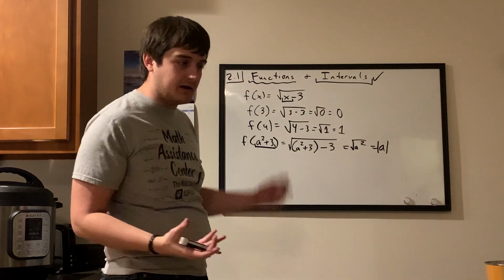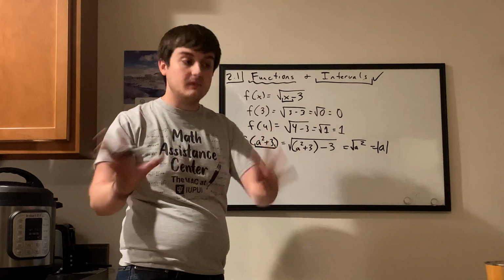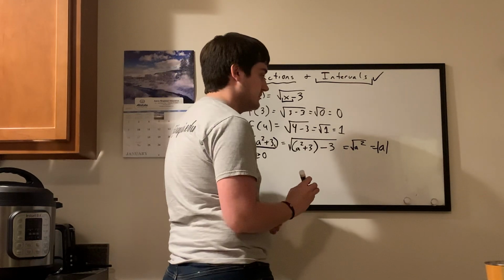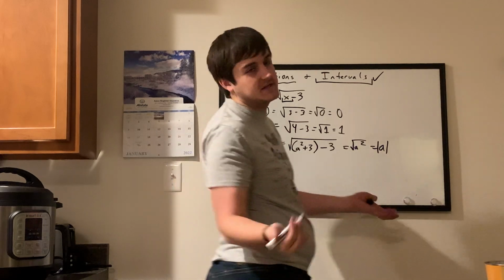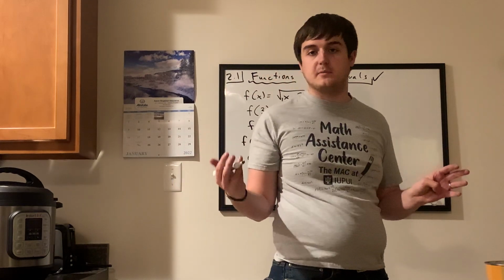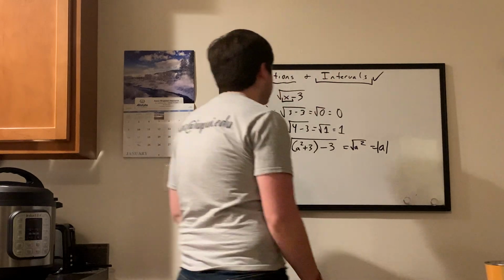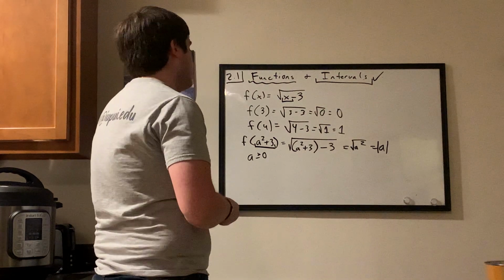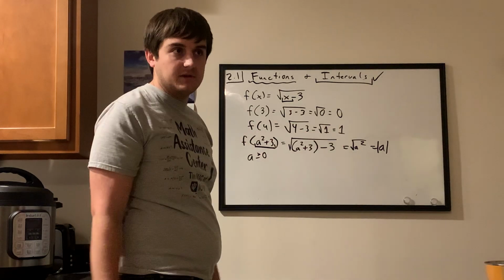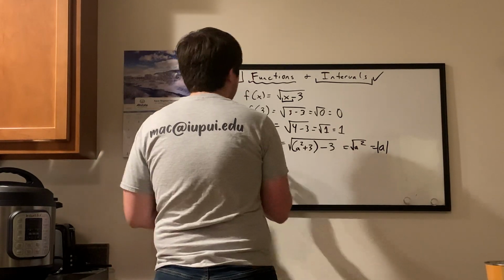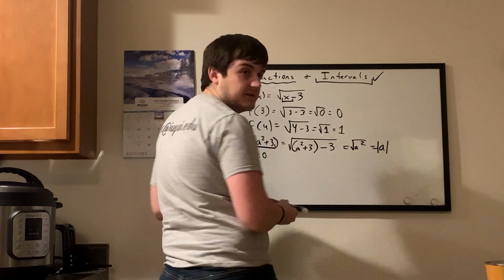Now, again, if a is greater than or equal to 0, then this is unnecessary, because what's the absolute value of 0 or a positive number? Well, it's that thing. But in general, I would need to do the absolute value. If a was less than 0, then I would need to do the absolute value of the number.